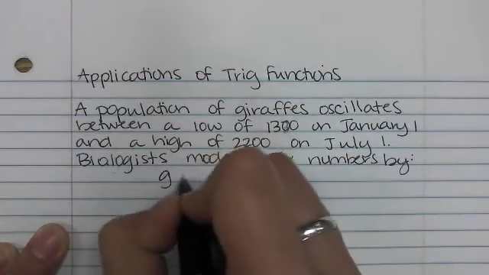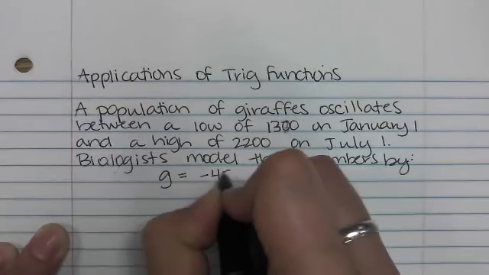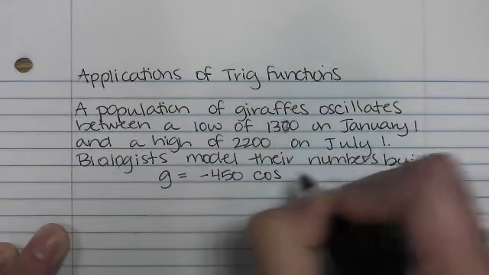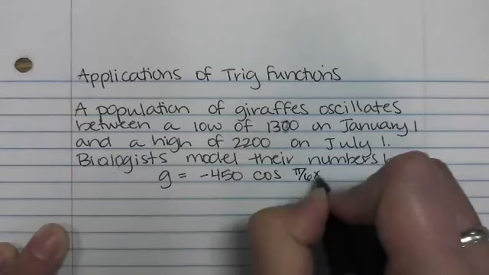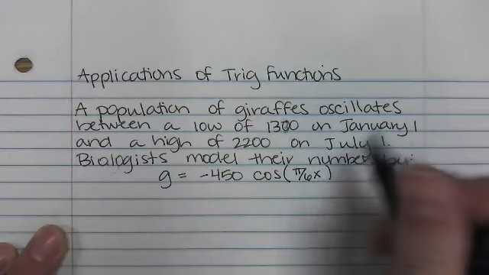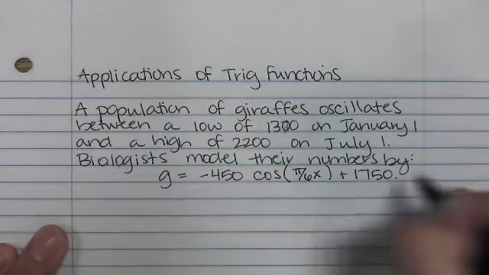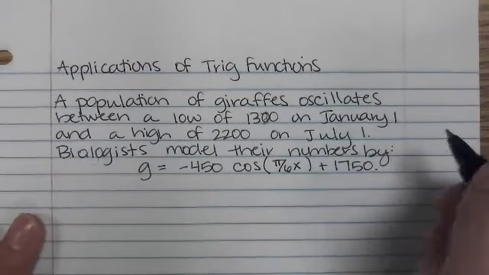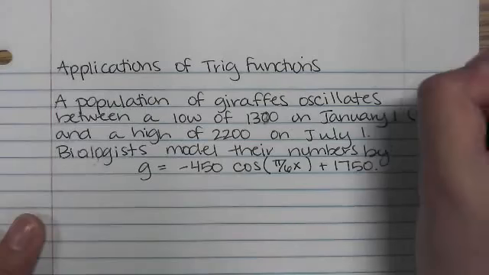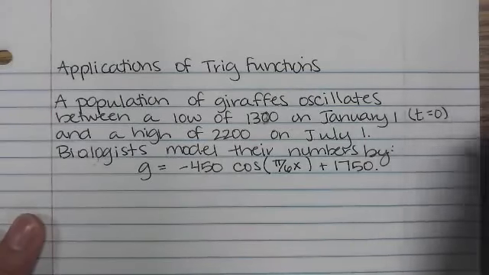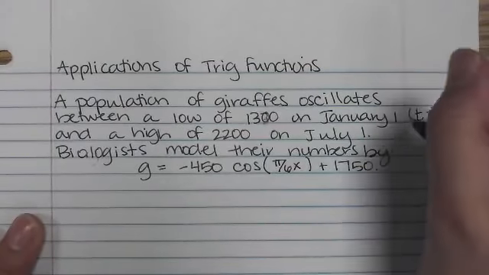So we're going to say the number of giraffes is negative 450 cos pi over 6 times x, plus 1,750. And when we write this, January 1st is going to be where t equals 0, so that's where our graph is going to start.